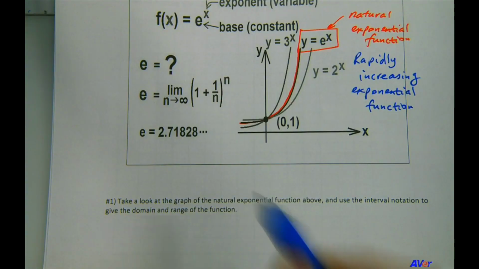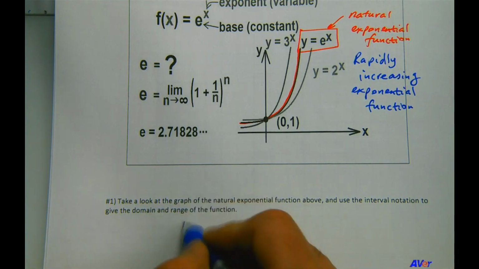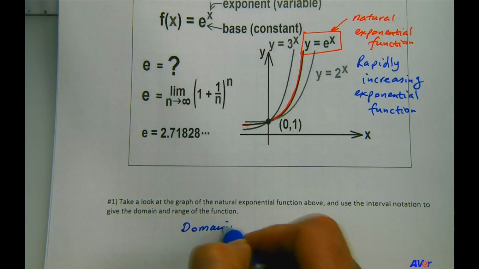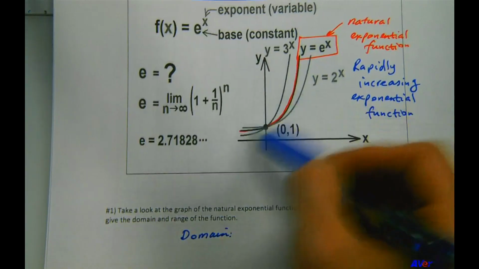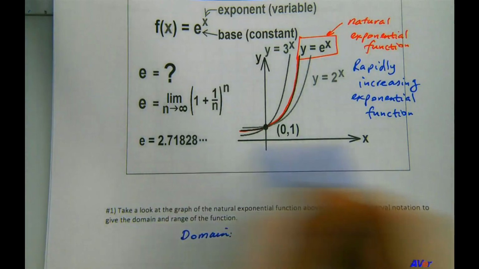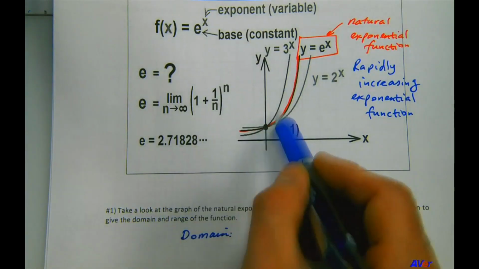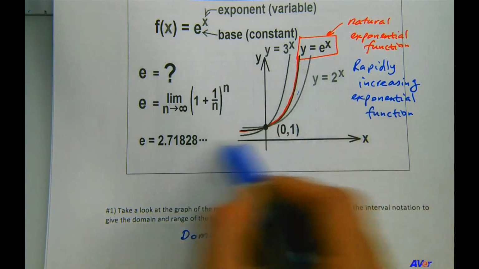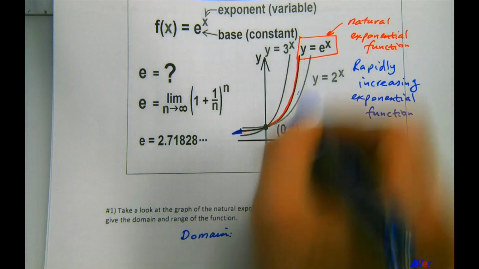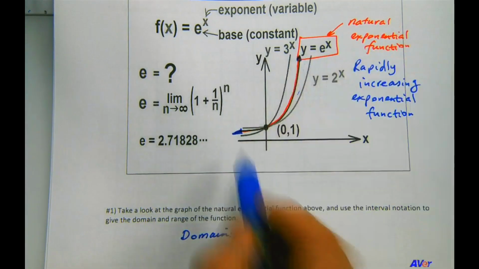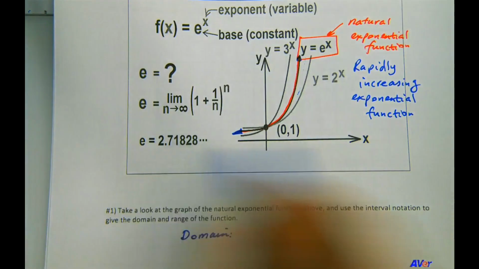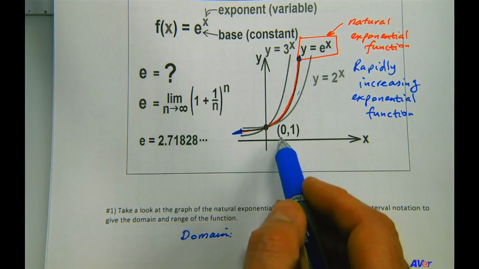Very well. Okay, so the domain, as we've discussed before, is the behavior of any graph with respect to the horizontal x-axis. Right? So if you look at the behavior of this graph, if you can continue this line on both sides like that, is there any restriction along the x-axis? Absolutely not, right?